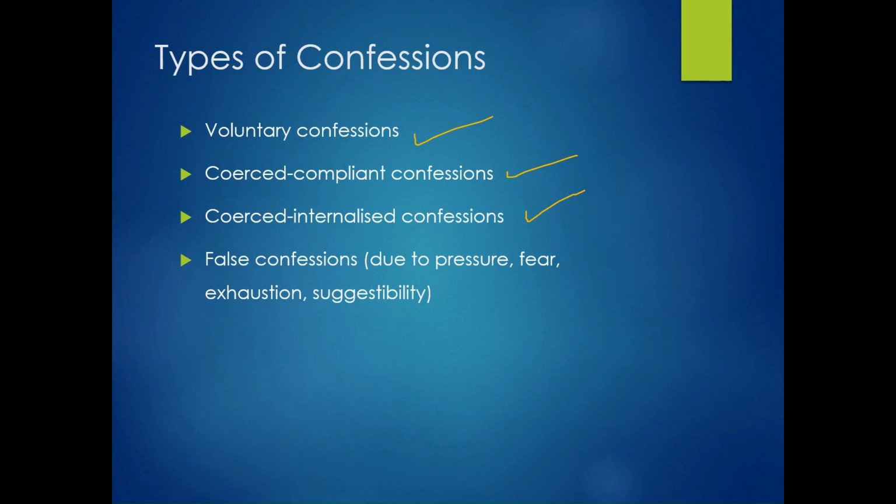This is an example of coerced internalized confession, where the person starts believing that they have committed the crime when they have not. Then finally we have false confessions. This could be due to pressure, fear, exhaustion, or even suggestibility, right? So a psychologist helps to identify what type of confession was given by the individual.